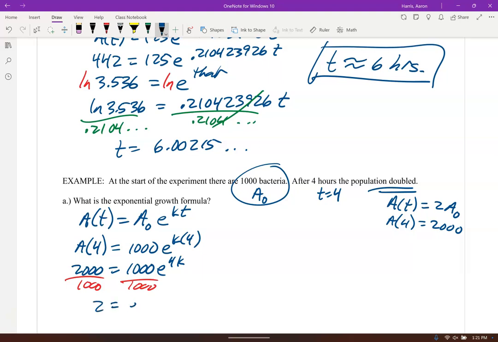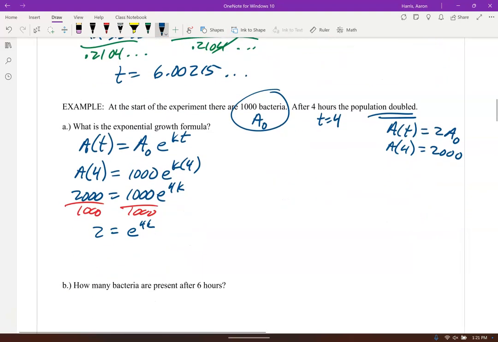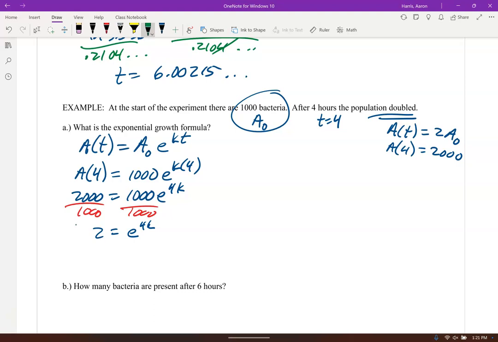So we have 2 equals e to the 4k. Now I've got to take the natural log of both sides to undo the e. So I have ln of 2 equals 4k. And I divide both sides by 4. So k ends up being the ln of 2 divided by 4.